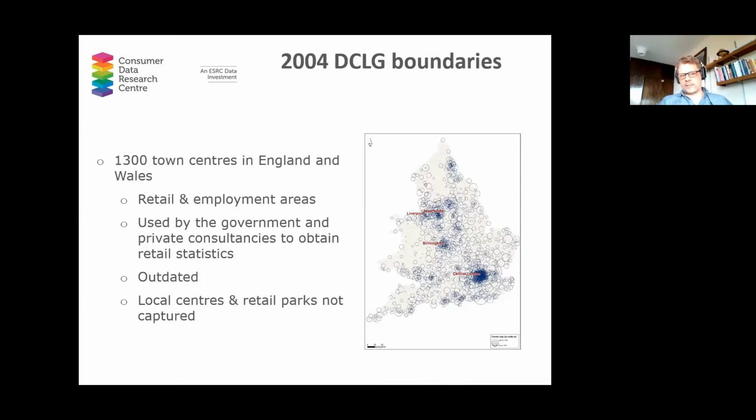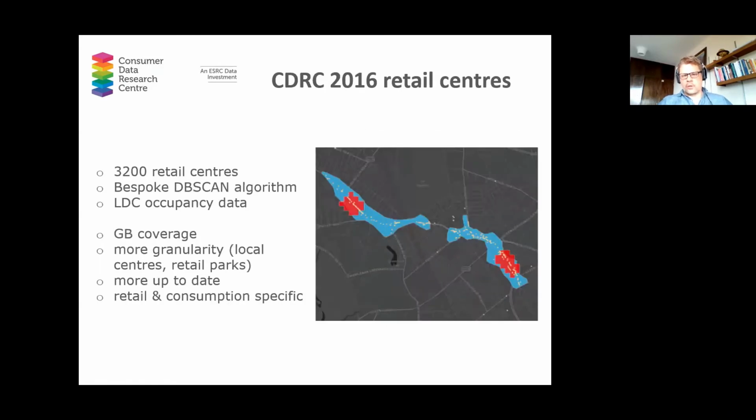That retail centres dataset, the DCLG one, also didn't include pretty much any local centres, retail parks, or larger shopping centres. So for this reason, once the CDRC was established, one of the projects which we embarked on was to develop a new set of retail centres, which will have much more granularity and will be much more up to date.